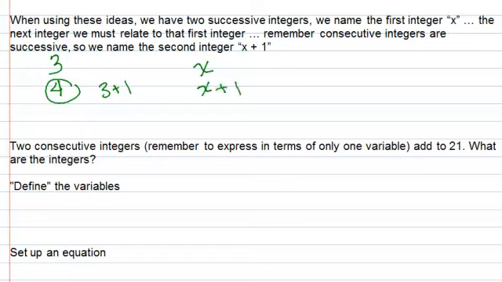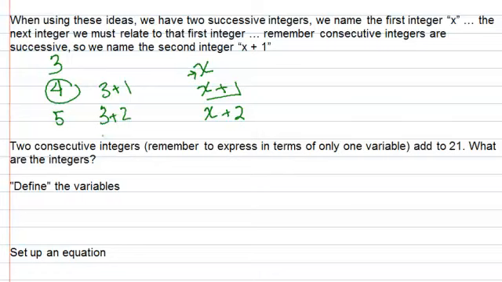And if we had 3 consecutive integers, we would have the number x, again we have to go back to our original, and the number after this one would be x plus 2. So hopefully this is starting to make sense. In our example over here, that would be 5, because 3 plus 2 is 5. So hopefully you're getting the idea.